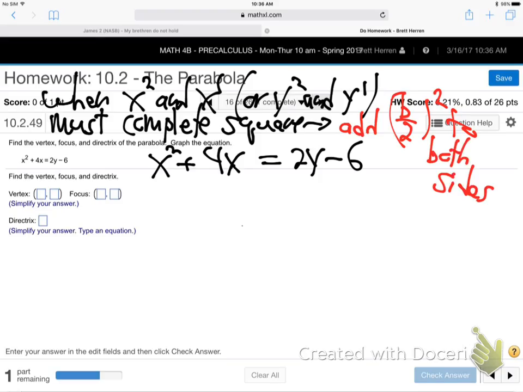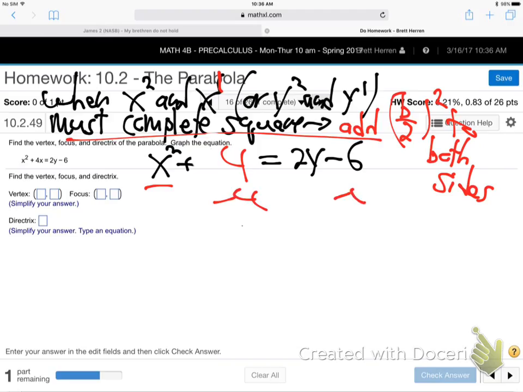Does that make sense? I want to give you the identification system. When you have x squared and x to the first, that's the key. We have x squared and x to the first, or y squared and y. So we see x squared and x to the first, and we go, oh, it's one of these complete the square ones. If that was just x squared plus 4, for example, without an x, I wouldn't complete the square.